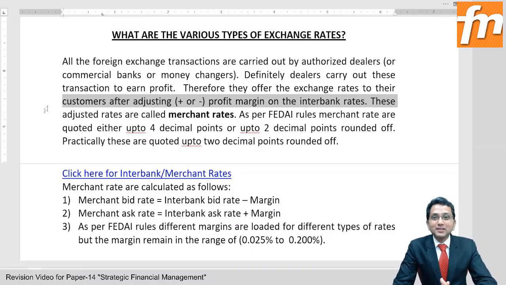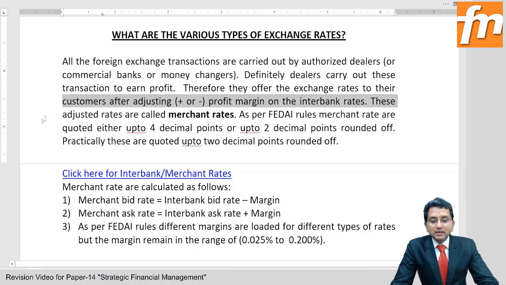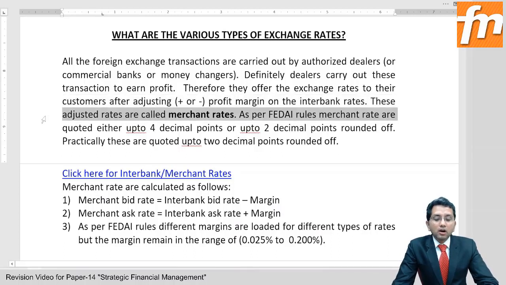If you're selling something, you add the profit margin. If you're buying something, you deduct the profit margin. On the interbank rate, which I will informally call the wholesale rate, these adjusted rates are called merchant rates.